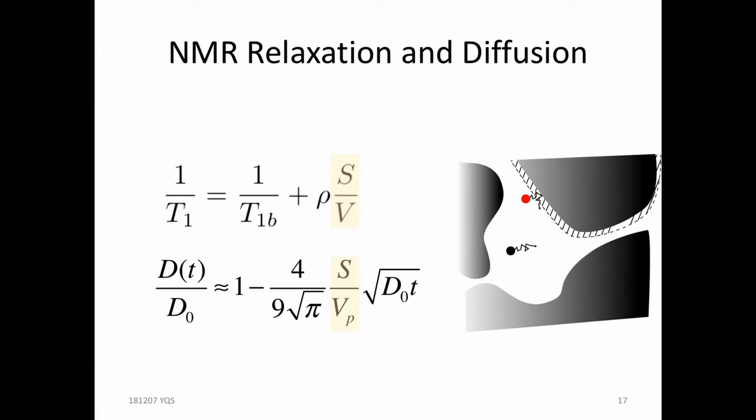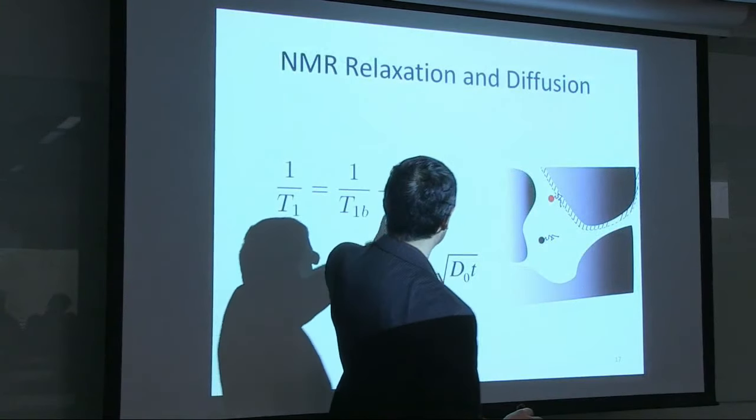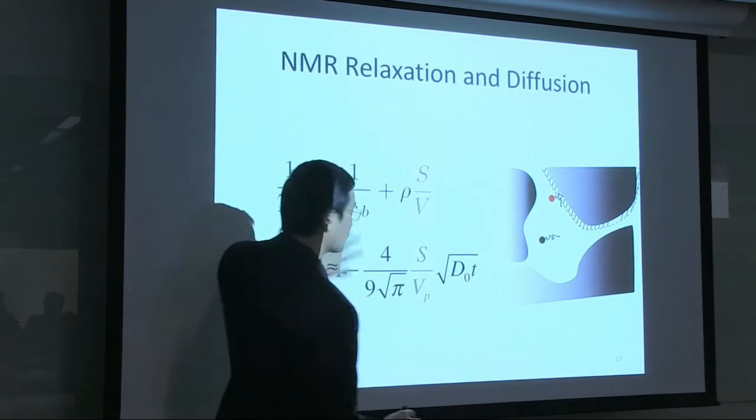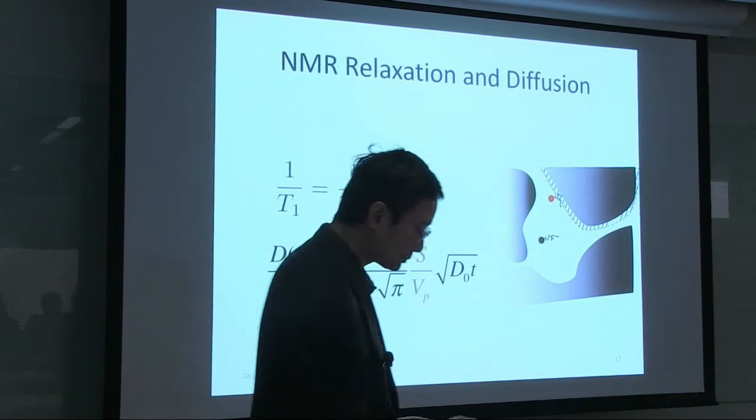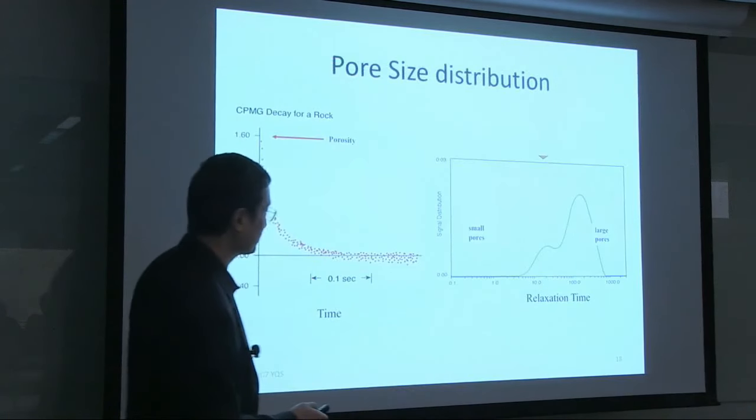That is because when the molecule touches the pore, it experiences a different interaction and typically relaxes faster. So that's how NMR is used to measure pore sizes. But I promise you, I will not talk about that. We'll not talk about the pore sizes. So forget about these things. We're talking more about the molecular properties of the different fluids. But we'll find another time to talk about it.